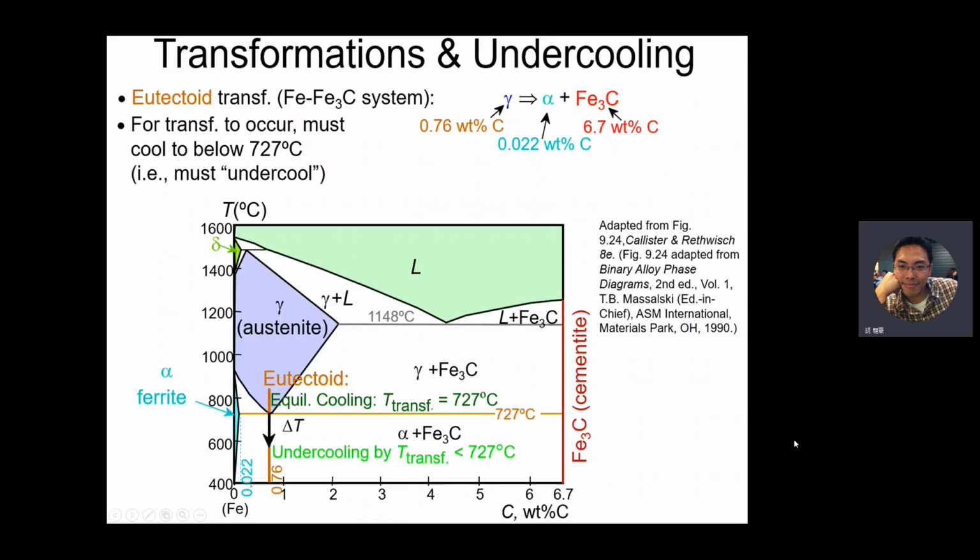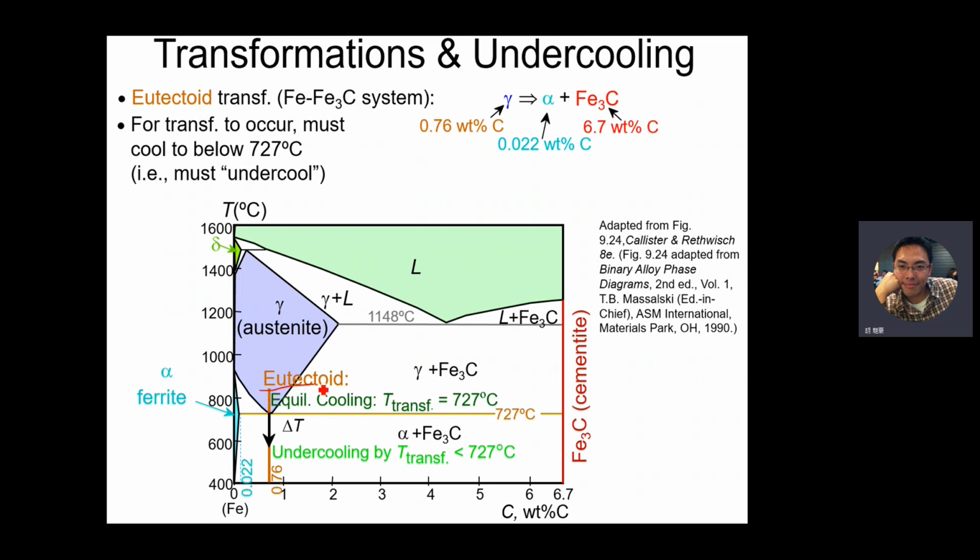Okay, so let's look at the phase diagram of the iron carbon system. From this phase diagram, can you point out what the eutectoid and the eutectic reactions are? Oh, it's already shown here.